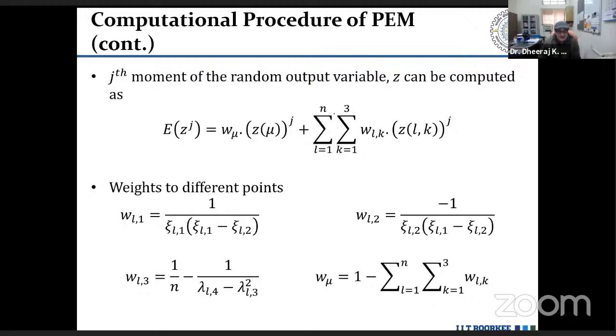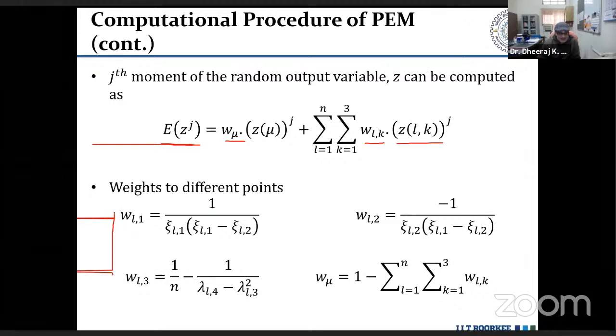Once we have computed the value of function, we can compute the jth moment of output random variable by this expression. This is the value of function we have already computed, and these are the corresponding weights, and these weights are basically computed by these expressions.